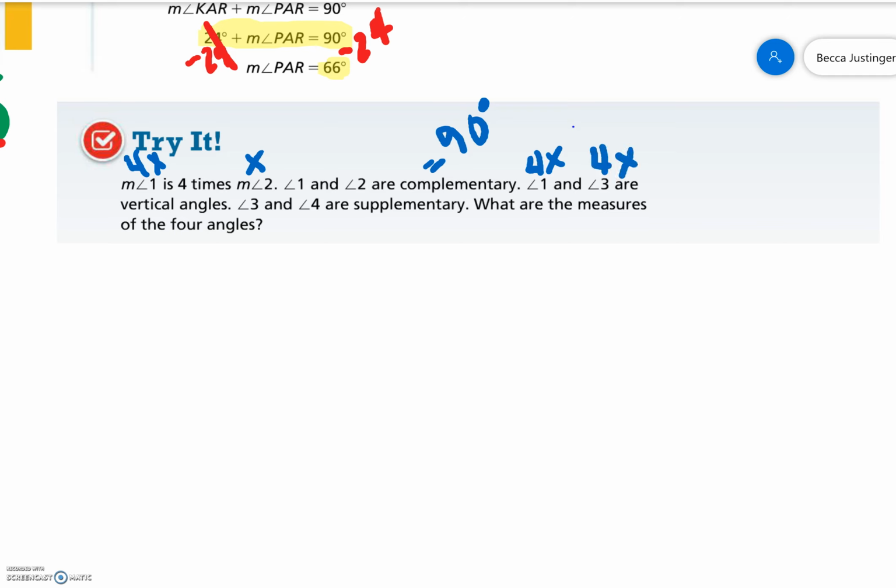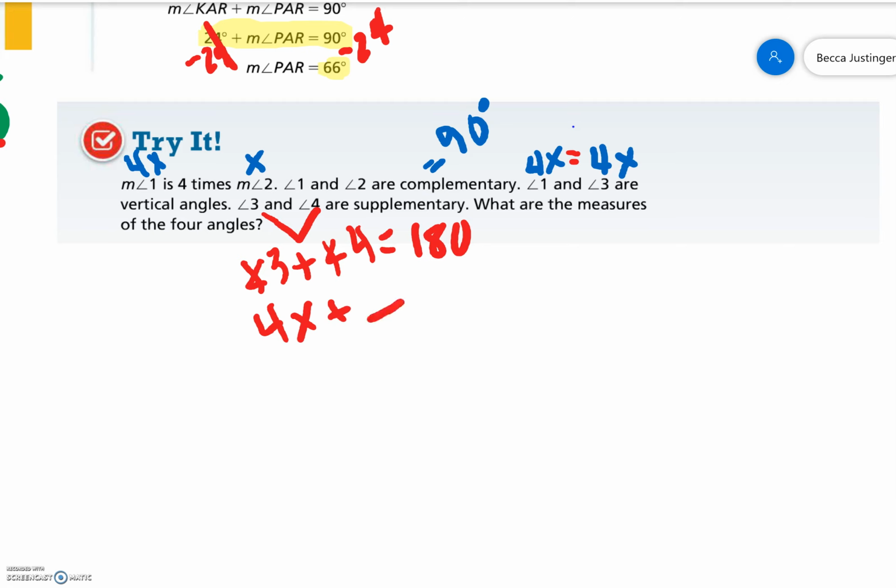And they're equal to each other. Angles 3 and 4 are supplementary, which means when you add them together, angle 3 plus angle 4, they equal 180 degrees. That's what supplementary means. So angle 3 is 4x, plus, we don't know what angle 4 is, but we know together they equal 180. So what are the measures of the 4 angles?